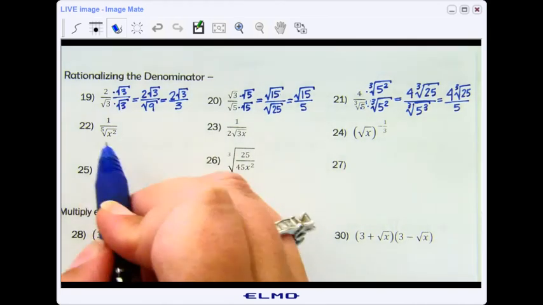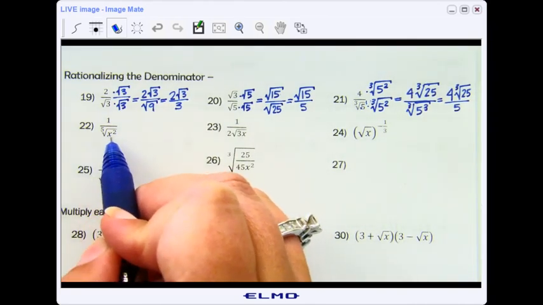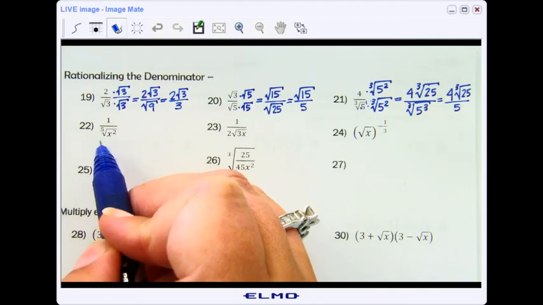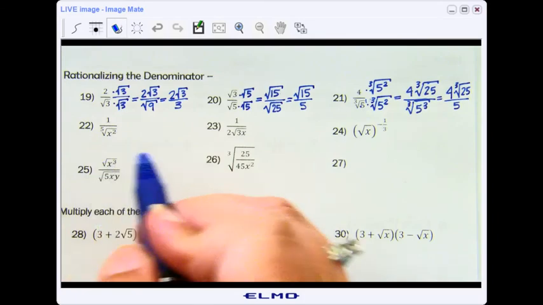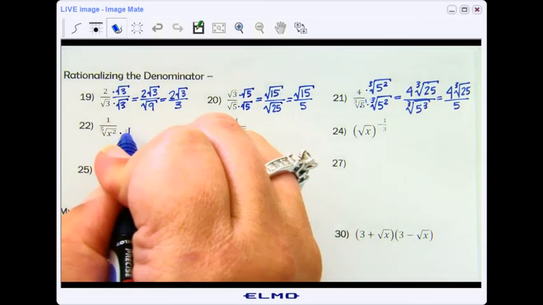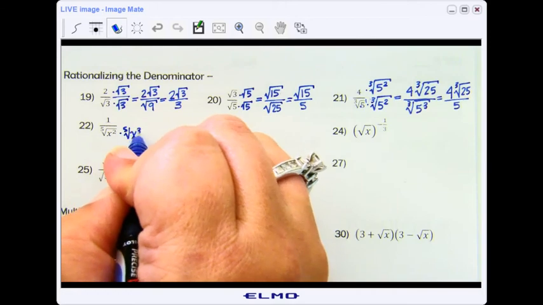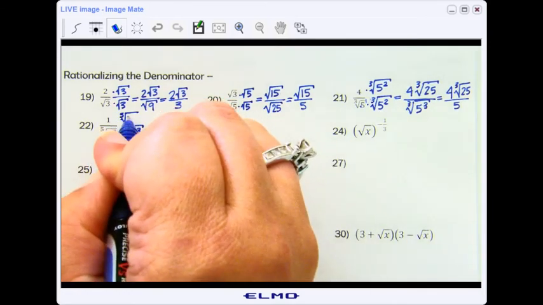In number 22, I have a fifth root of x squared. So I need to make a perfect fifth. I have 2 x's. I need 3 more in order to take its fifth root. So I'm going to multiply by the fifth root of x cubed on the top and the bottom.